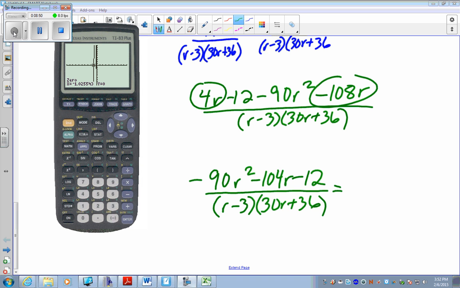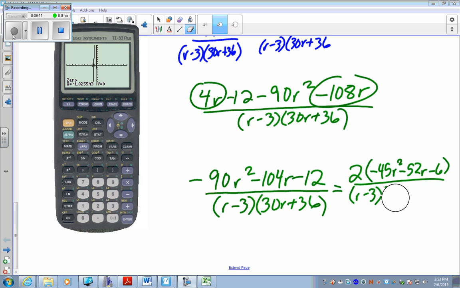So if you take a 2 out, you get -45r squared minus 52r minus 6 over, can't factor anything out, r minus 3, but 30r and a 36, I can take the greatest common factor out of that. And that would be 2, so times 2, 15r plus 18.